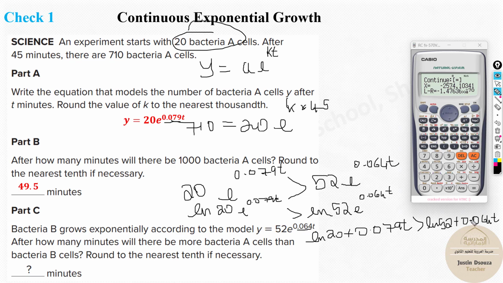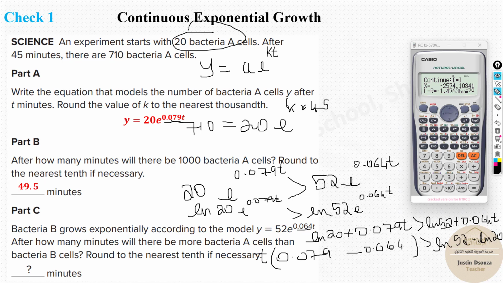Okay, and now you take this ln to the other side, and this is bigger, so leave this over here, 0.079t. Take the other thing to the other side, minus 0.064t, and must be greater than ln 52 minus ln 20. Now I will just rearrange the step. The t is taken common, so I'll write t outside because both the terms have t.